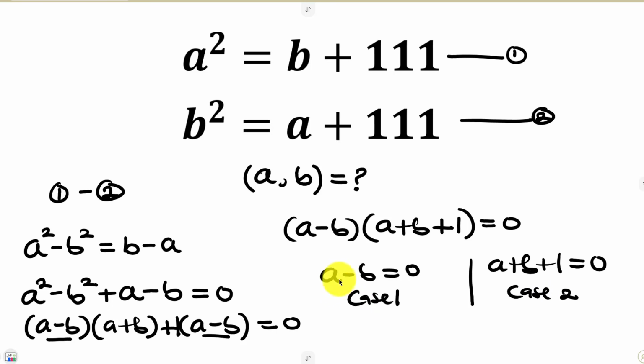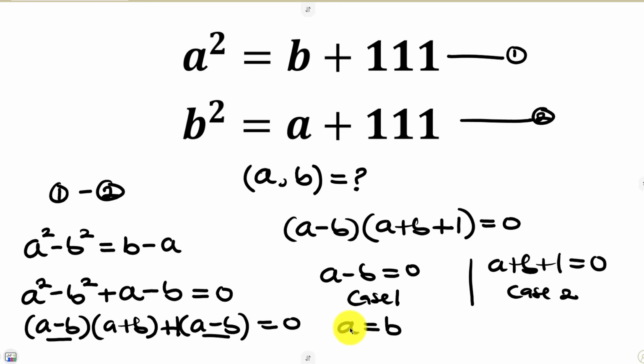So in our first case, when I move negative b to the right, it becomes positive b. So our a is equal to b. Let's put this in either of the original equations. I'll choose equation 1. Whenever I see b, I'm going to be putting a there.